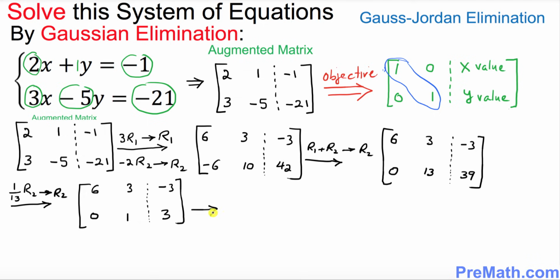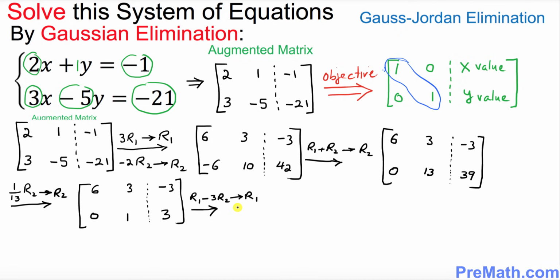So far so good. So the next one we're going to do is R1, row 1, minus 3 times the second row and put it in row 1, the first row.